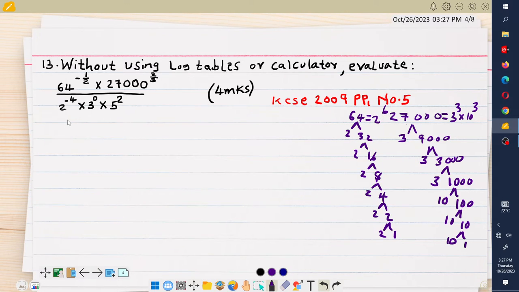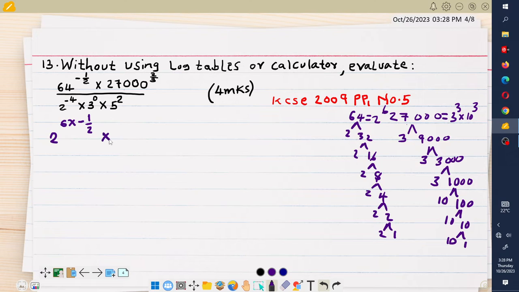So if I substitute these values, 64 is 2 power 6, so this will be 2 to the power of 6. On the 64 I had a half on the power, so this will be multiplied by negative a half.